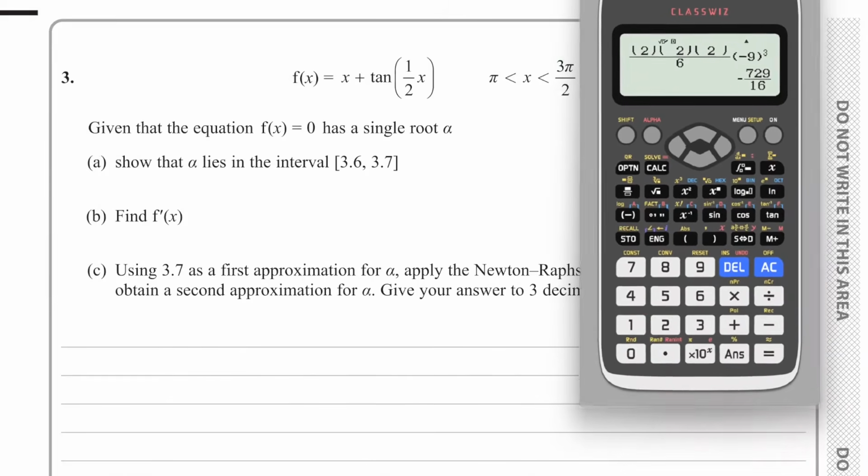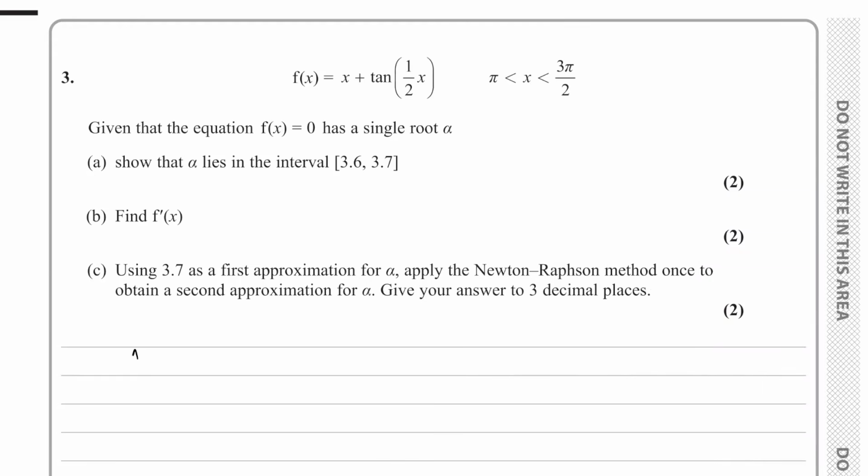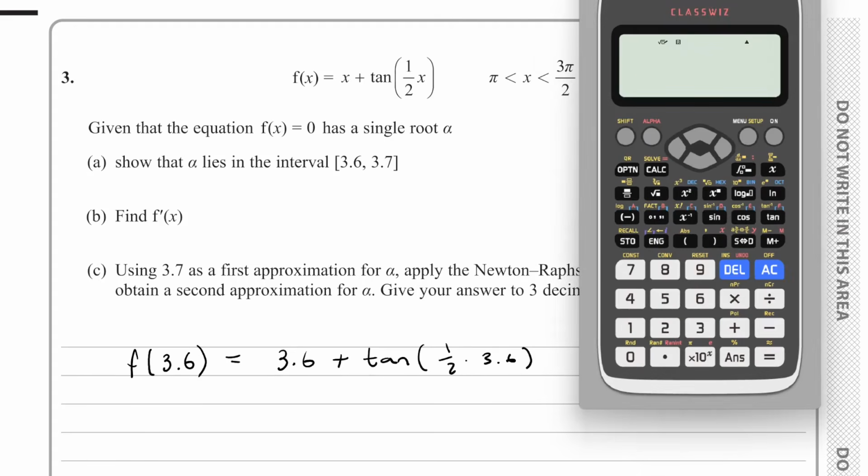We're going to make sure it's in radians. At the moment, this one isn't. So change the angle unit to radians. And we're going to do f of 3.6, which is going to be 3.6 plus tan of half of 3.6, which is negative 0.686.